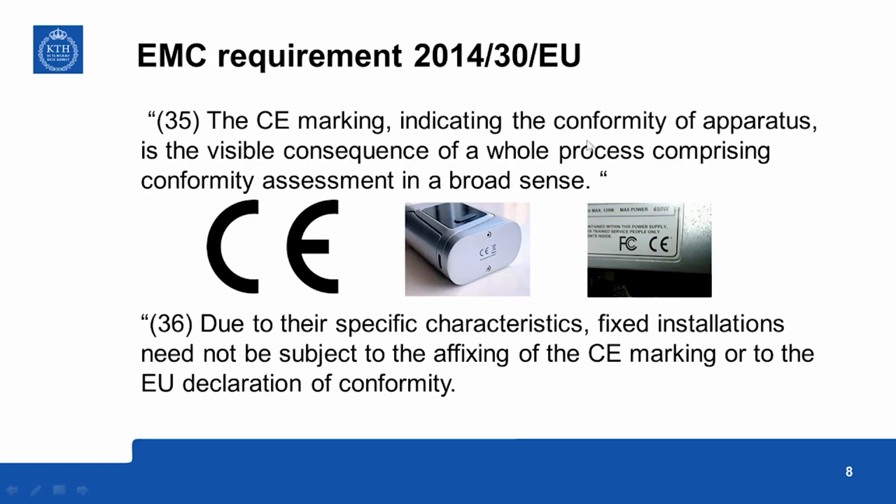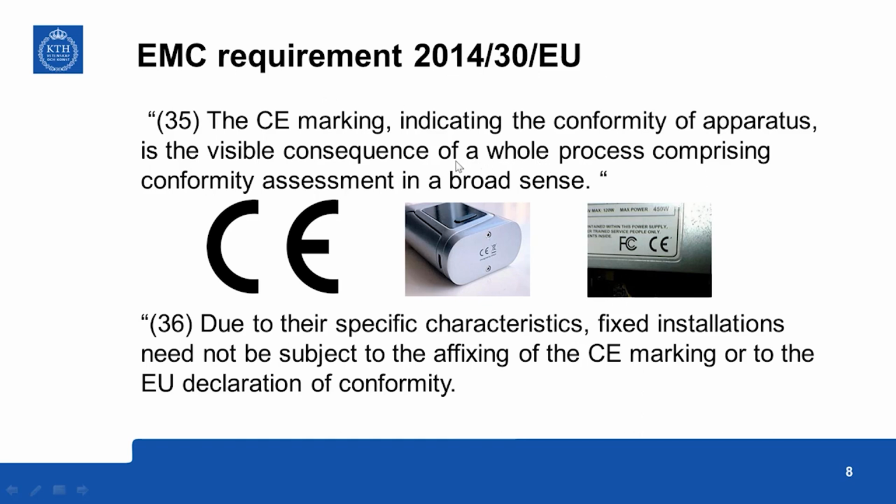Now, the CE marking indicating the conformity of apparatus is the visible consequence of a whole process comprising conformity assessment in the broad sense. Now, how is this assessment to be done? This is what the standards are specifying. These are the requirements set by this directive.